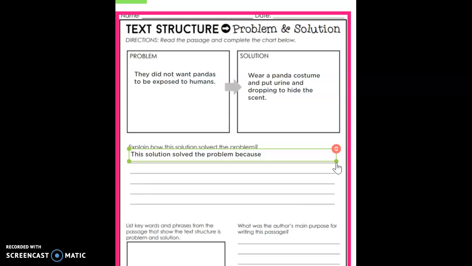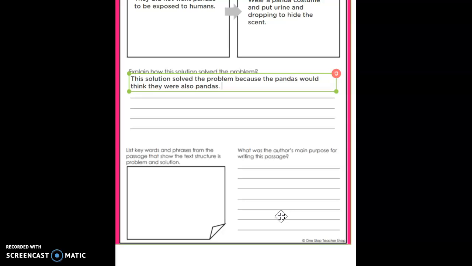Solved the problem because the pandas would think they were also pandas. After you've written this out, I want you to type in 2 words that you would look for in a problem and solution text. What are 2 words that you would look for in a problem and solution text?